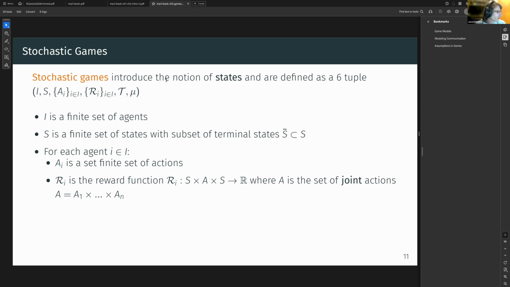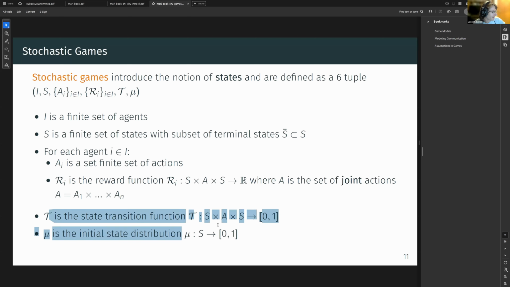So we have so far, everything is the same except for this state transition function. Now, this function is going to take the current state and the joint action, and produce a new state. This looks the same as in a normal Markov decision process, except now the action is the joint action, and the state is one of these games, rather than something like a position in a grid world.